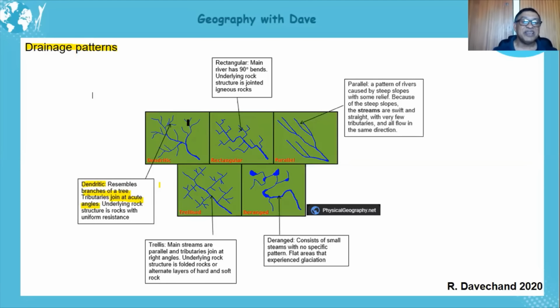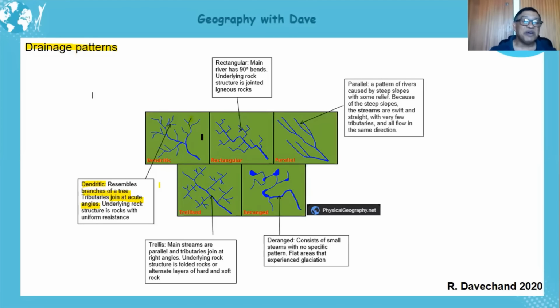Can you see here? The acute angles. If you look down here, it joins in here. That actually tells you about your river flow too. When it joins like this, it means it's flowing from northeast to southwest. It's flowing in a southwesterly direction. So those are your two characteristics.